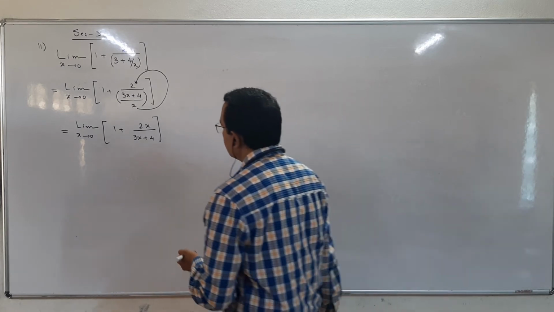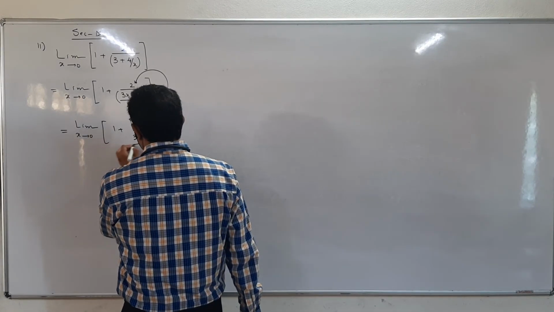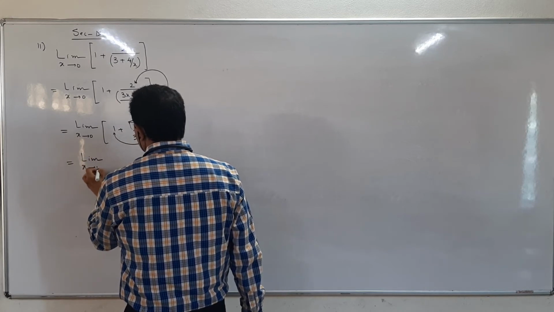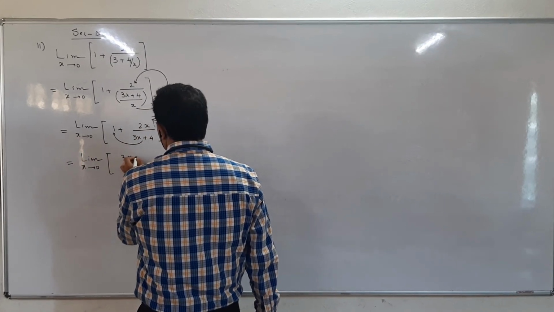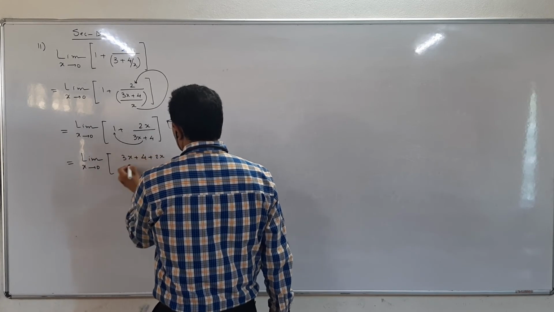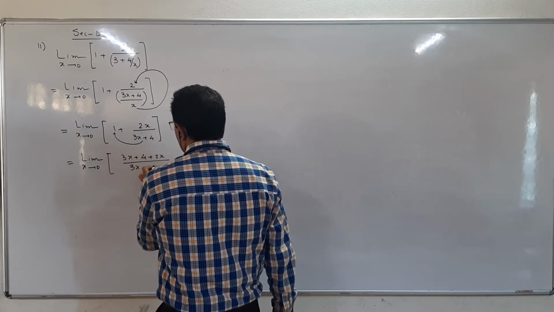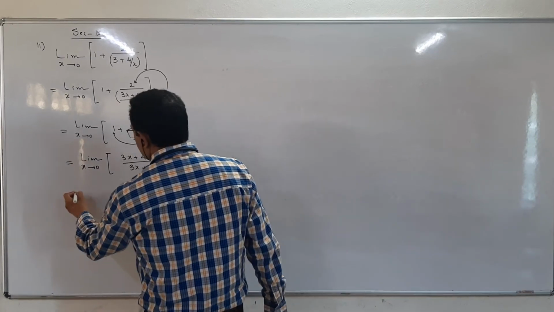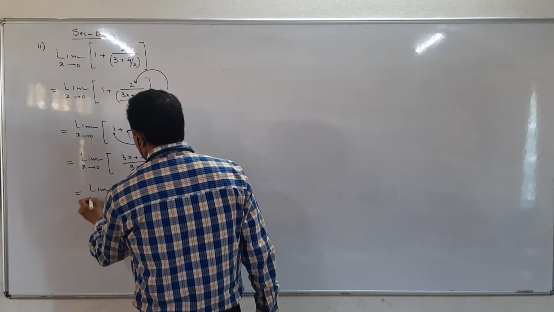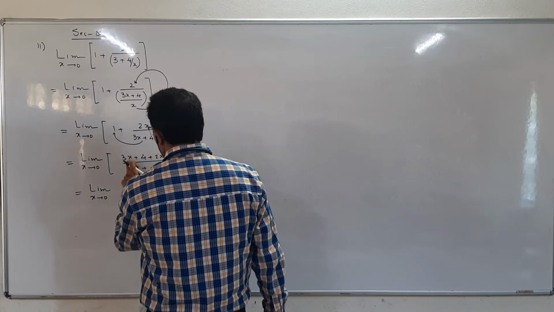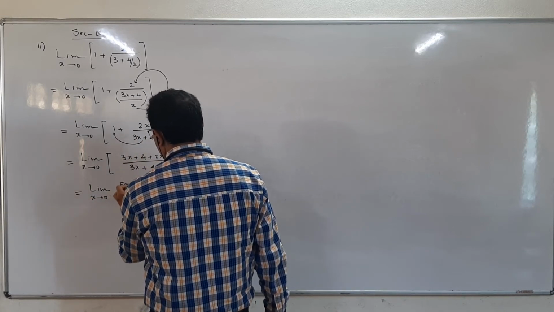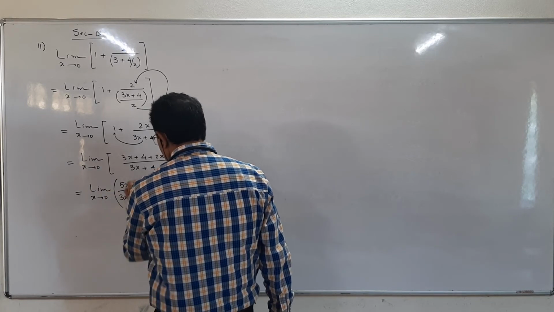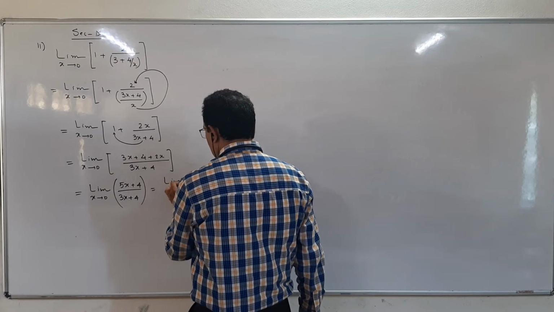Now again take LCM. So this will be multiplied here. So limit x tends to 0, 3x plus 4 plus 2x upon 3x plus 4. So this is written as limit x tends to 0, 3x plus 2x is 5x plus 4 upon 3x plus 4. Apply division working rule.